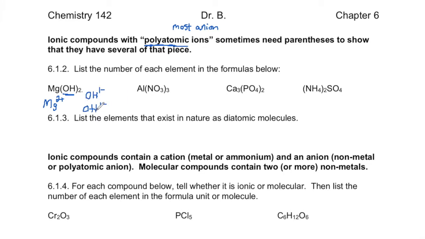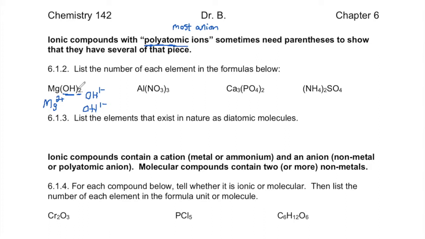So when we put these 2 groups together, that's -2. And then we put that with the +2. So altogether, our compound has 1 magnesium and 2 hydroxides. That means there's 2 oxygens and 2 hydrogens here. So when you read this formula, remember that what's in the parentheses is what is being doubled by this subscript.